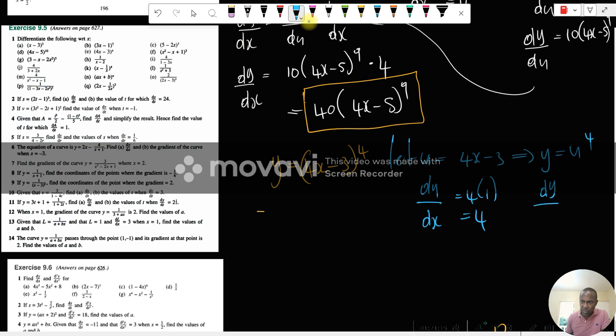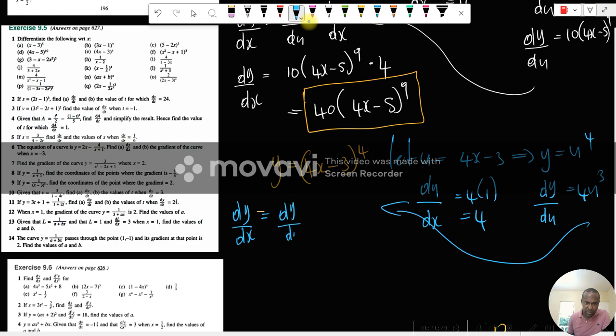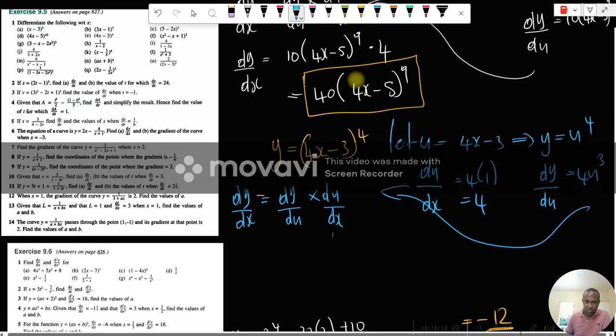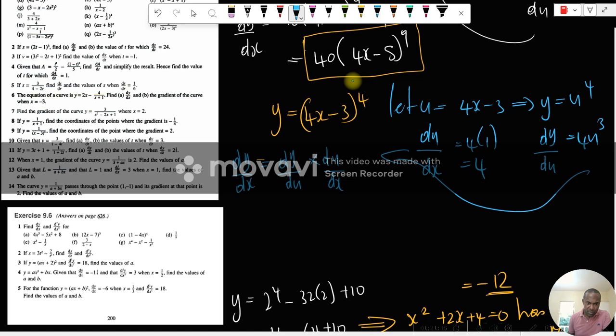And so we say that dy by du is equal to 4u cubed. So we can come over here and say by the chain rule, dy by dx is equal to dy by du times du by dx. So this would give us dy by dx is equal to 4u cubed times 4, which gives us 16u cubed.